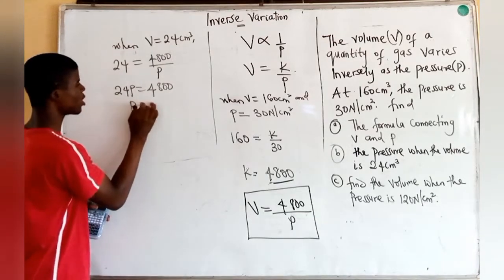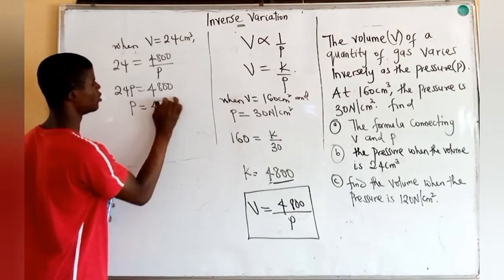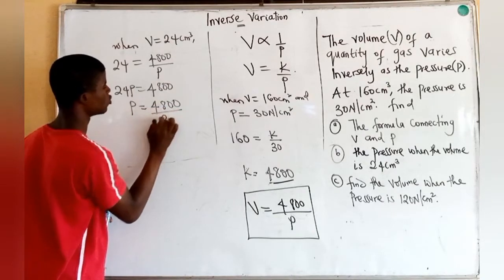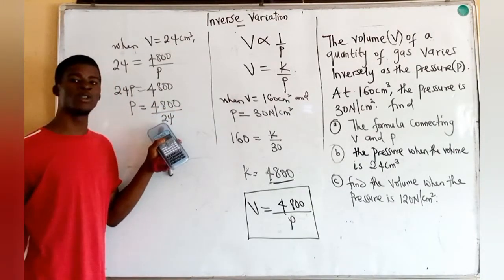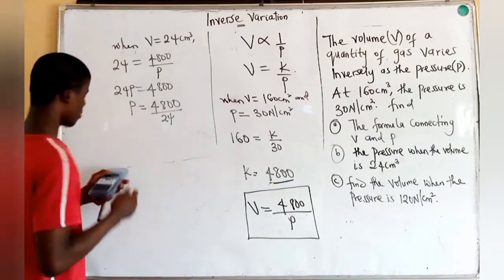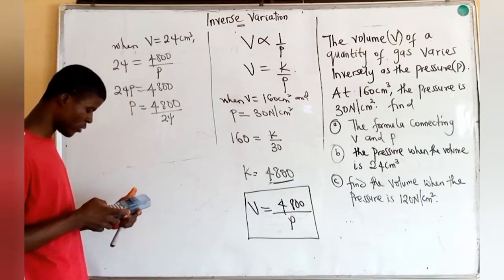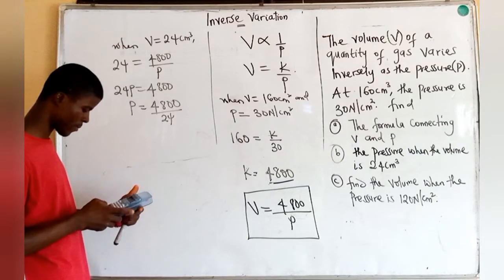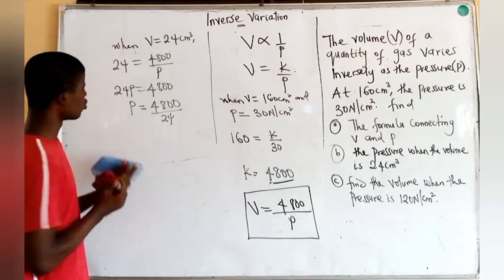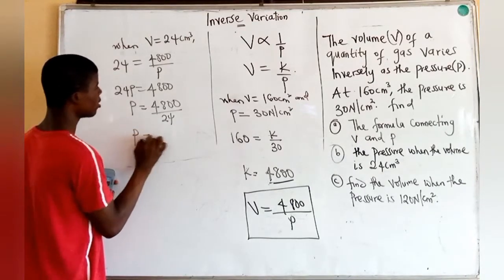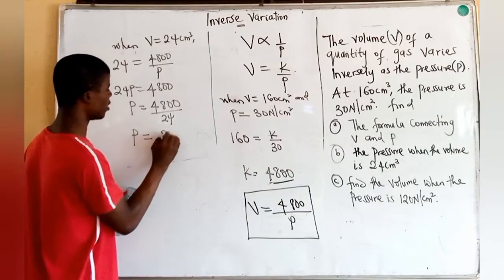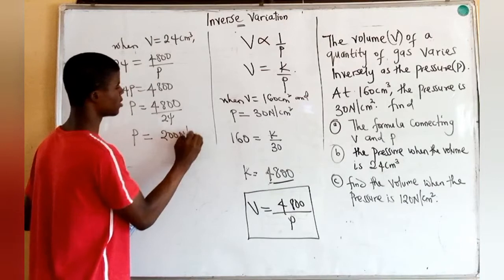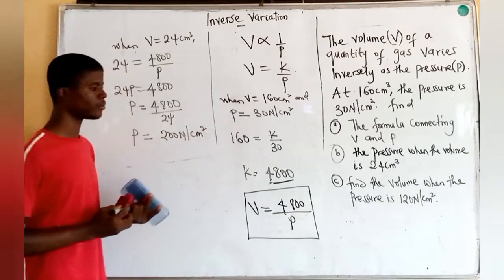So P is equal to 4,800 over 24. 4,800 divided by 24 will give us 200. So the pressure when the volume is 24 centimeter cube is 200 Newton per centimeter square.